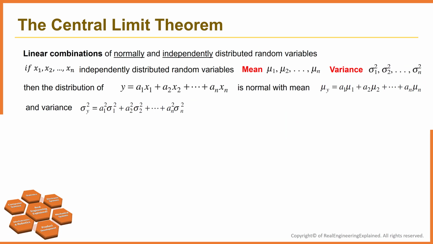The normal distribution has many useful properties. One of these relates to linear combinations of normally and independently distributed random variables.